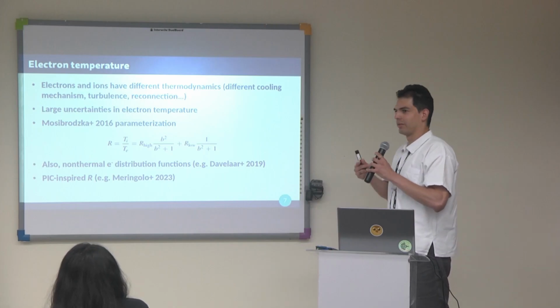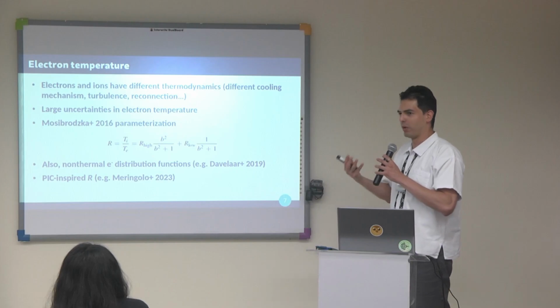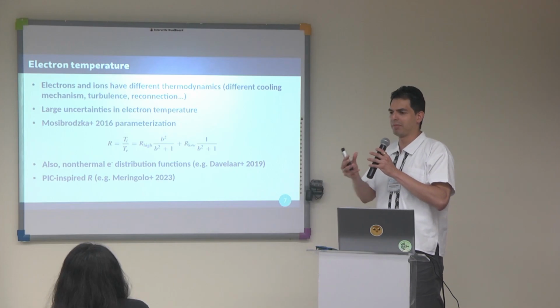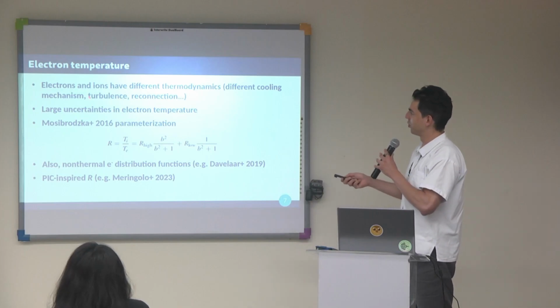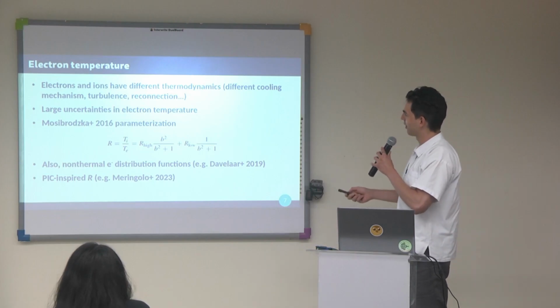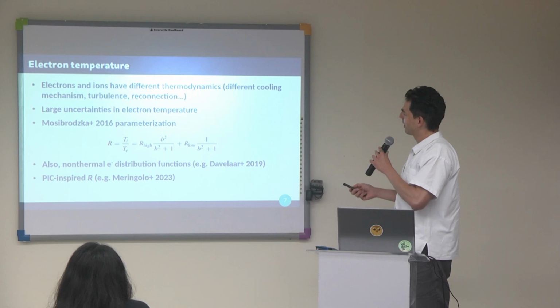On the other hand, ions will be more affected by the dynamics of the plasma, and therefore will be more sensitive to, for example, dissipative effects at the bottom of the turbulent cascade. So in general, they will have different thermodynamics.